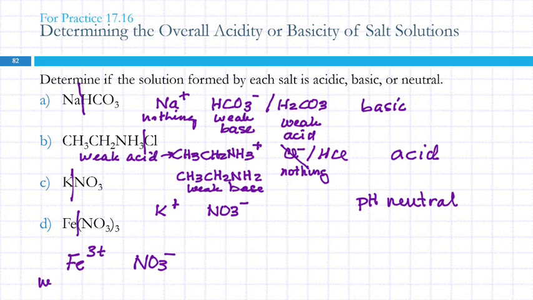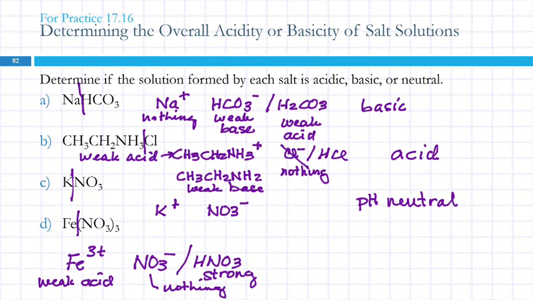So this acts as a weak acid, because I told you to remember that it does. This is related to what kind of an acid? A strong one. HNO3, that's strong, so that one's nothing. So we've got a weak acid, and that's all, so this is going to be acidic.